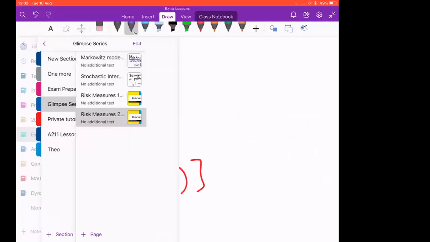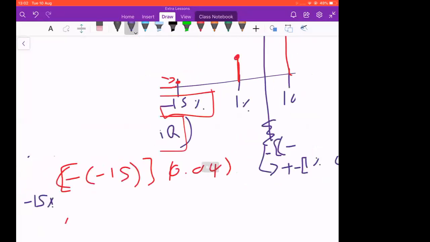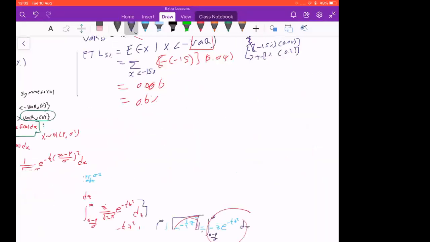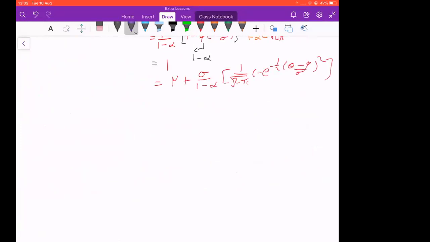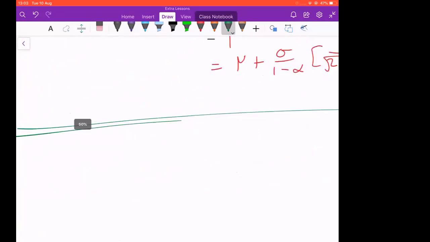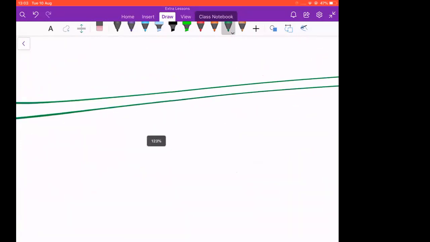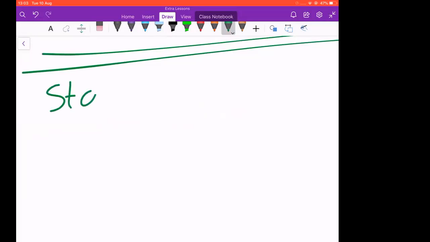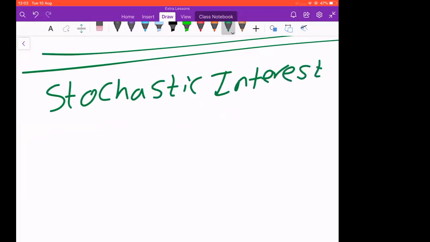So under the stochastic interest rate, here you will be studying interest rate as a variable, right? So it is no longer just a value.